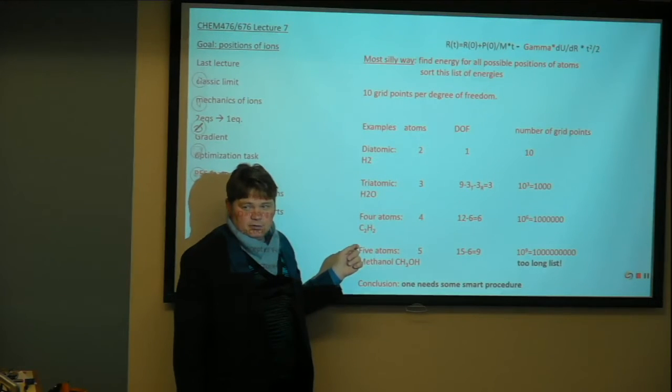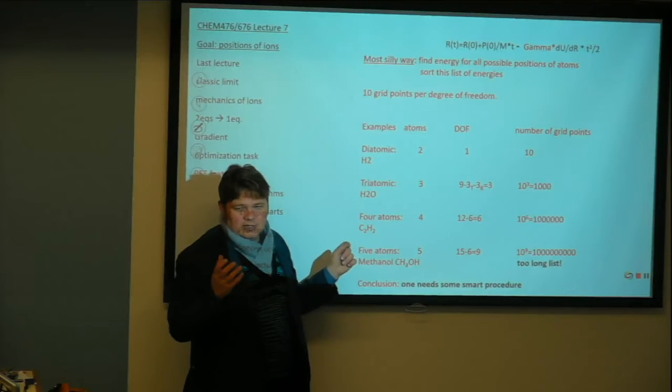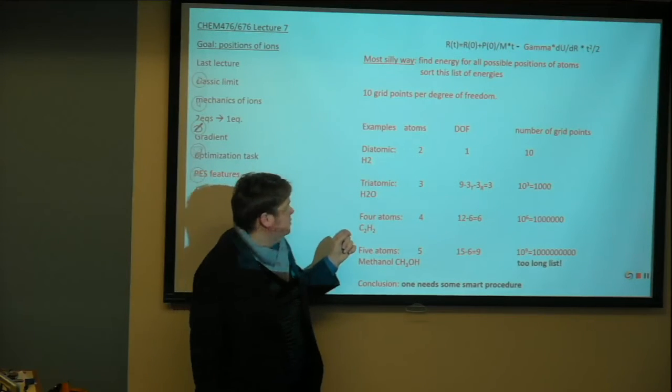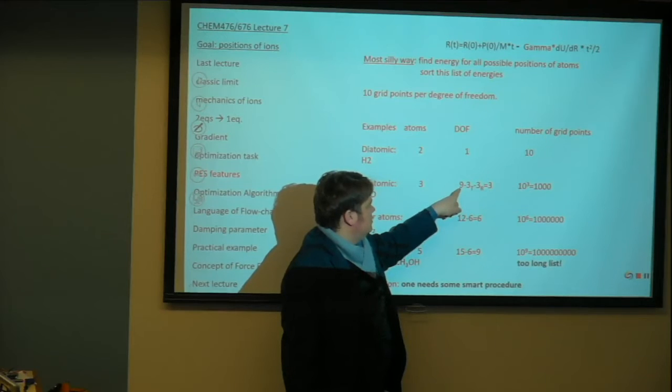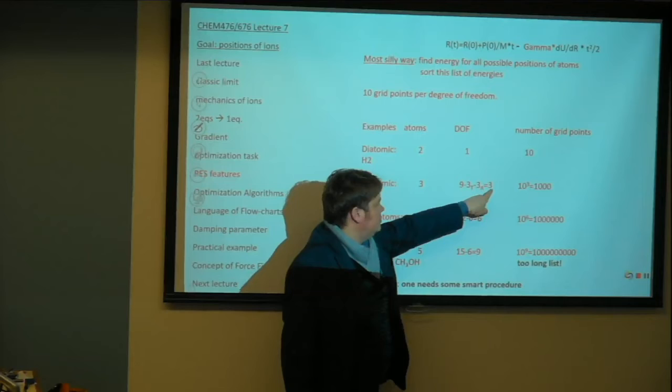You know this equation. The number of degrees of freedom for a molecule is 3 times the number of atoms minus 6, because you subtract rotation and translation degrees of freedom. 3 times 3 minus 3 translation minus 3 rotation equals 3.